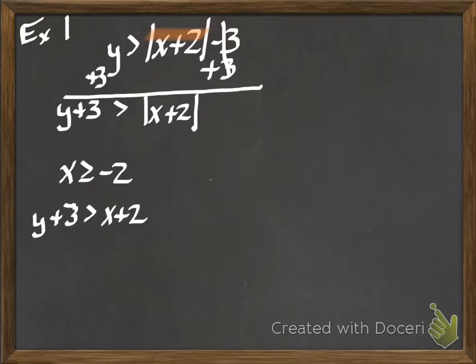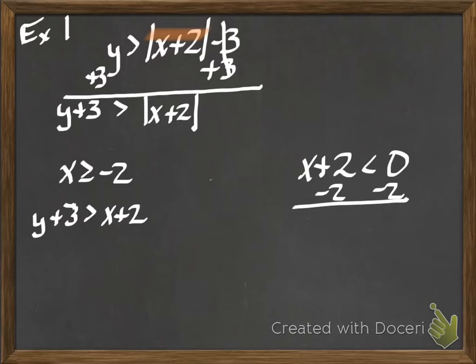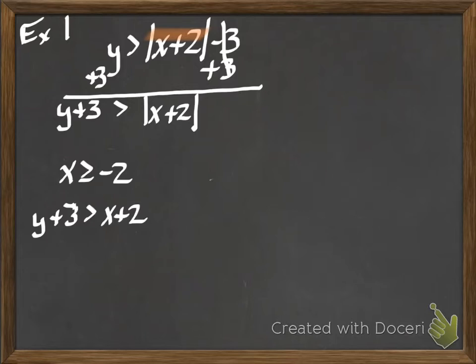The second scenario, I have x plus 2. Well, if I've already covered greater than or equal to, the only thing I'm left with is less than 0. Again, I do the same thing where I solve that, and that gives me x is less than negative 2. I'm going to rewrite that as x is less than negative 2.